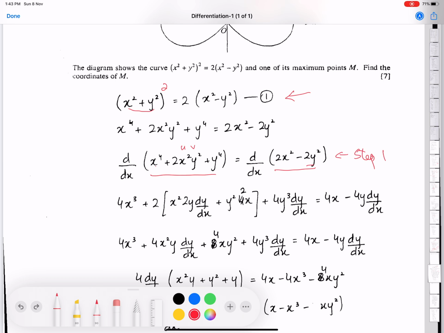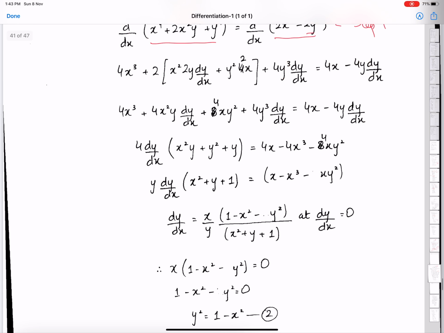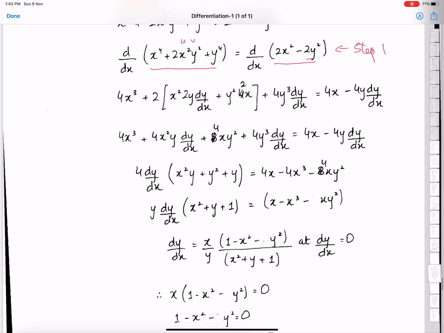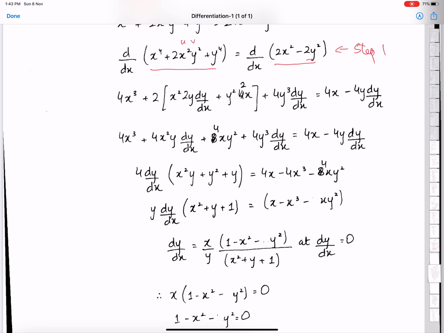Therefore, we could equate dy upon dx to 0 here. I mean, there is no need to simplify this equation. This step is not important. You can directly substitute dy upon dx as 0 here, here, and here to make the calculation simple.